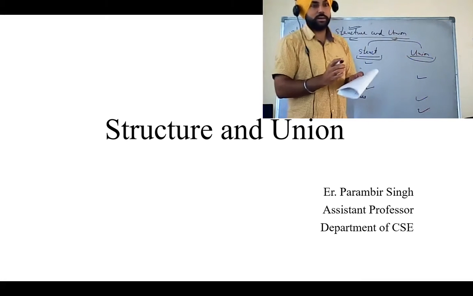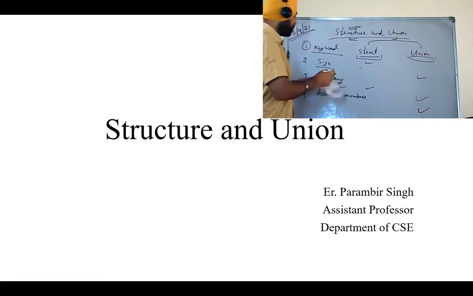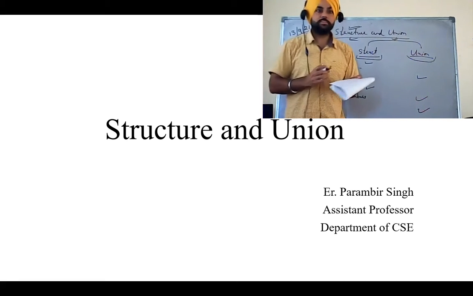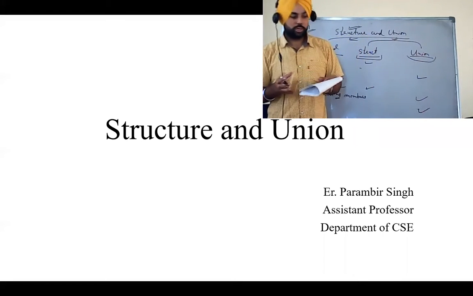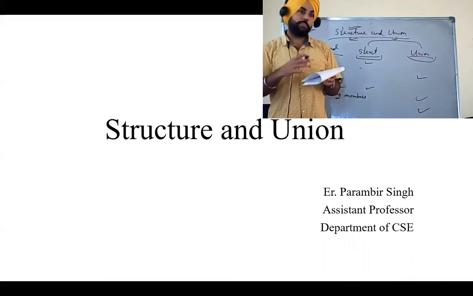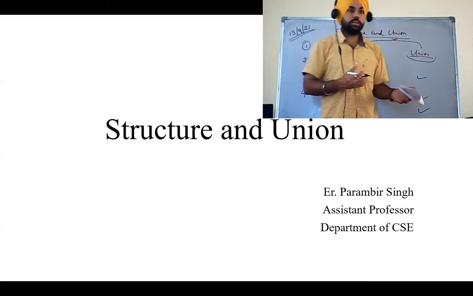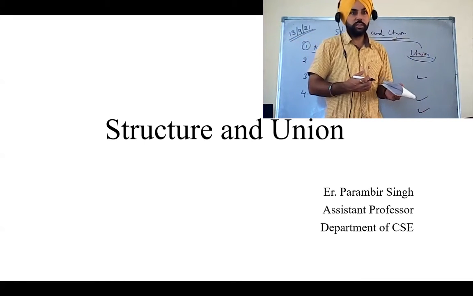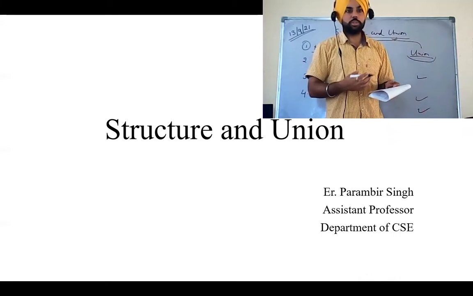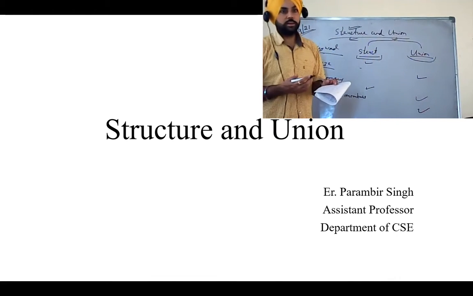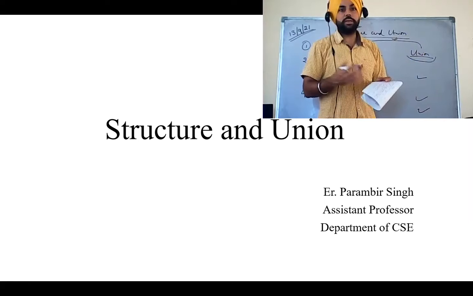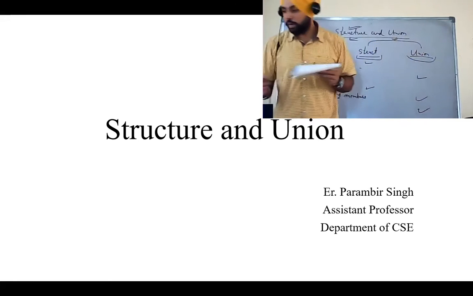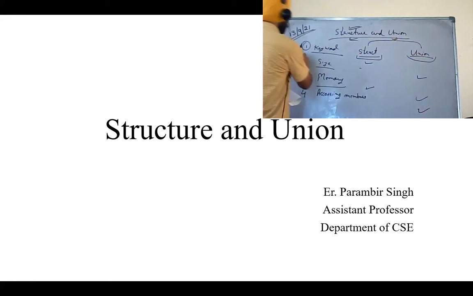That means, suppose we create a program with a structure and declare two variables: it will work for both because it assigns individual memory to the individual members. But in the case of union, only the last variable will be given as output. I will explain with the help of an example.